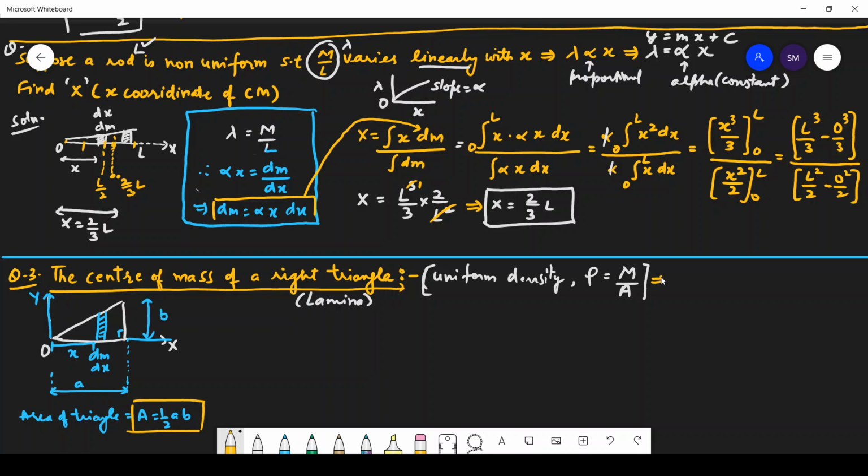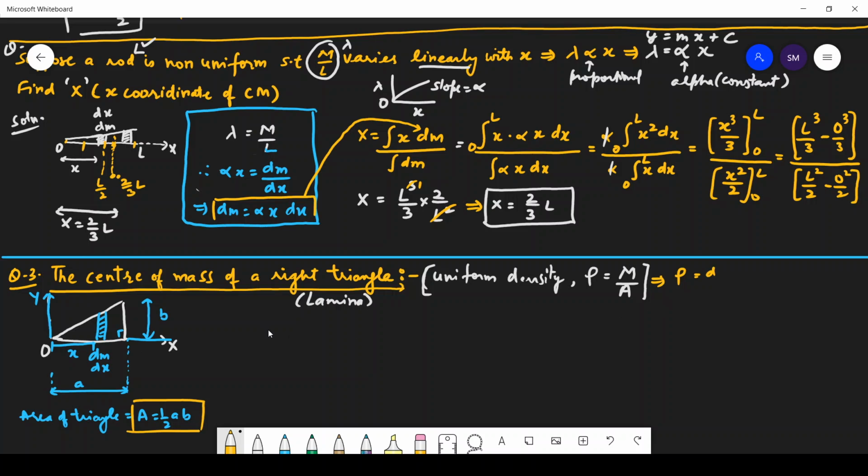So here also we will write rho equals dm over, and here we will be taking this dx, okay?